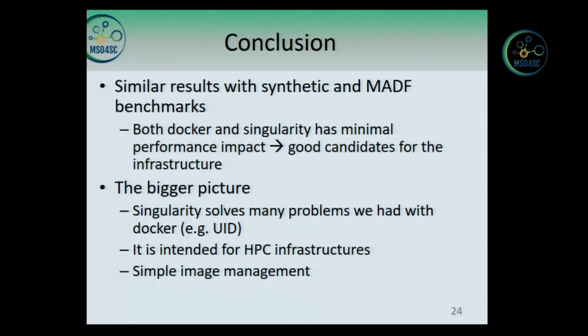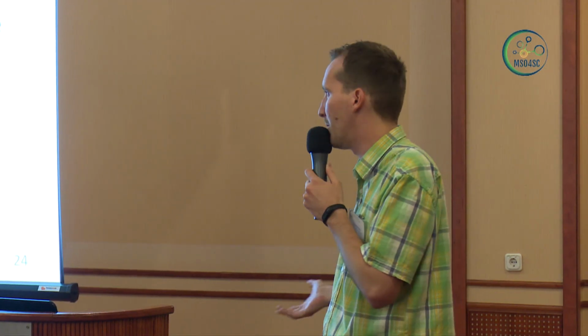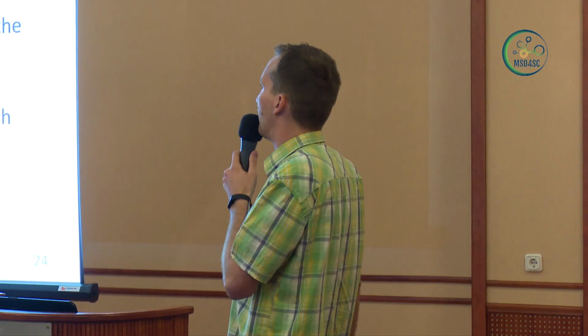We don't have to use Docker Hub or the included solution that the containerization technique has. We can do our own image management with Singularity. We can decide, for example, if we want to download via HTTP or via FTP, so we have all the possibilities. Okay, I think that was all from our part.